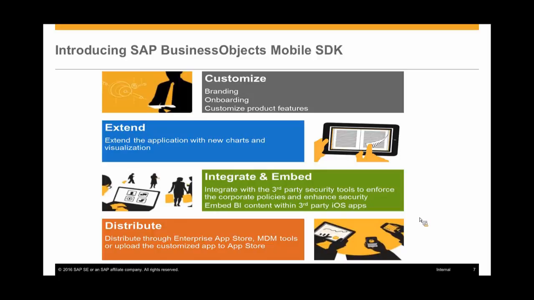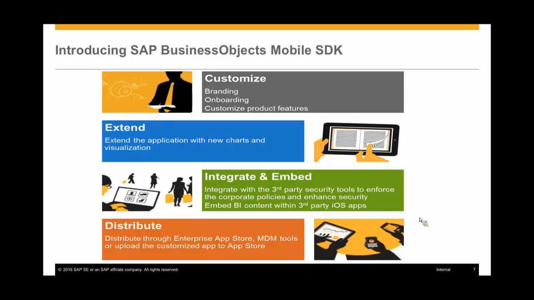We do have a mobile SDK as well, which is primarily used to customize the application further. If you would like to rebrand the mobile application for your needs, you could use the Mobi SDK to do that. There are also options to have users onboard easily with predefined connections. For that also, you can use the mobile SDK.